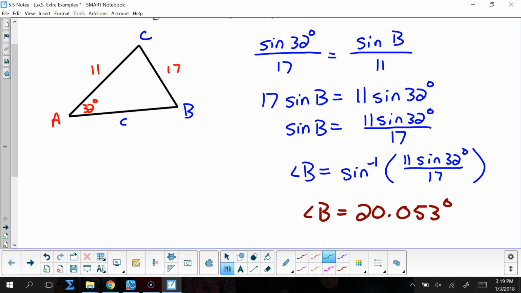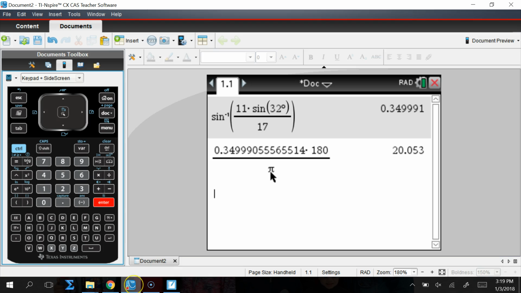Now I've got two angles in my triangle, so angle C is going to be 180 degrees minus 32 degrees minus angle B, which was 20.053 degrees.